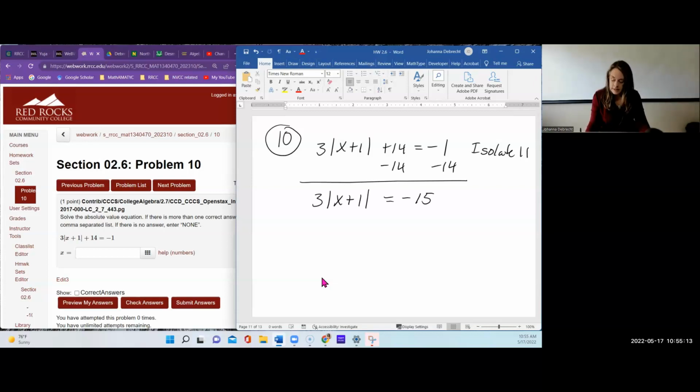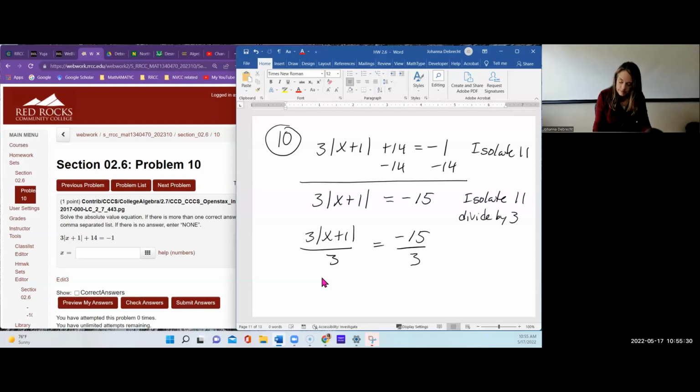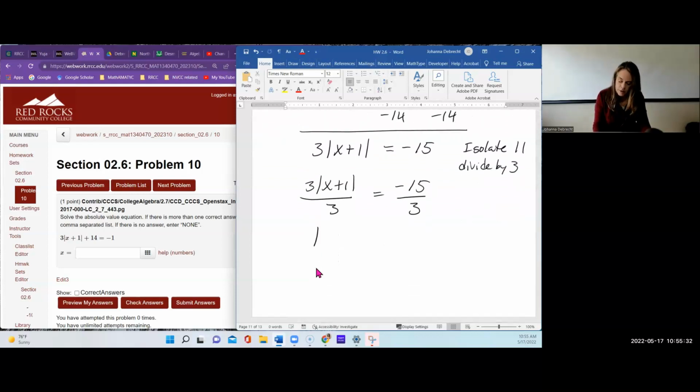It's still not isolated, so I still need to isolate again by dividing by 3. Now I have the absolute value isolated, and I have the absolute value of x plus 1 equal -5.